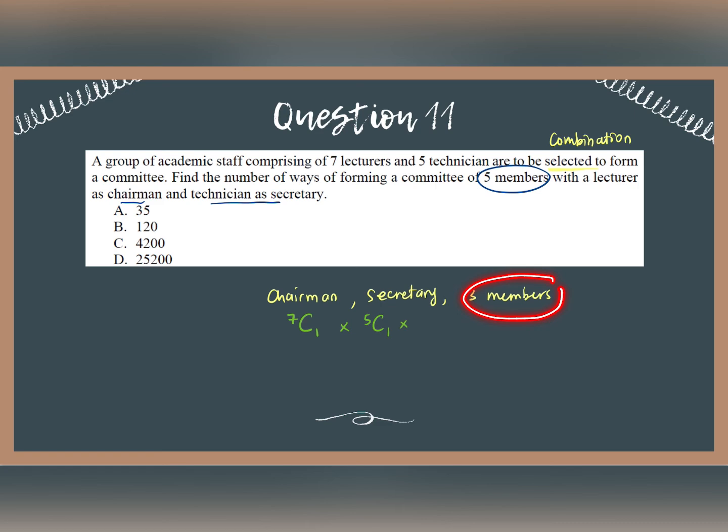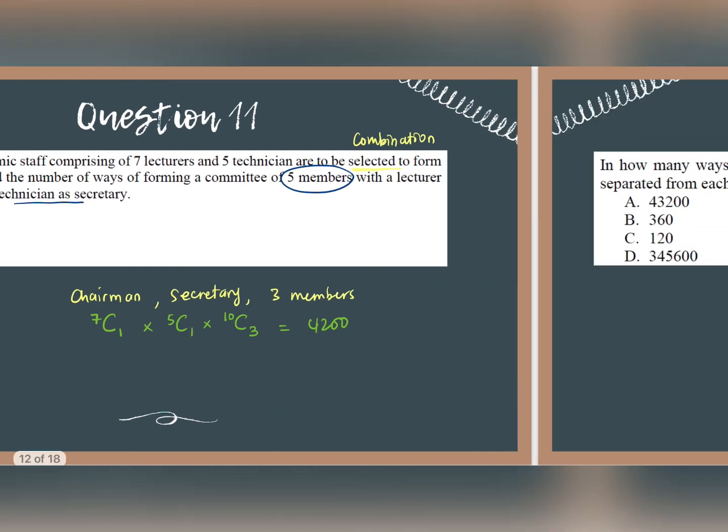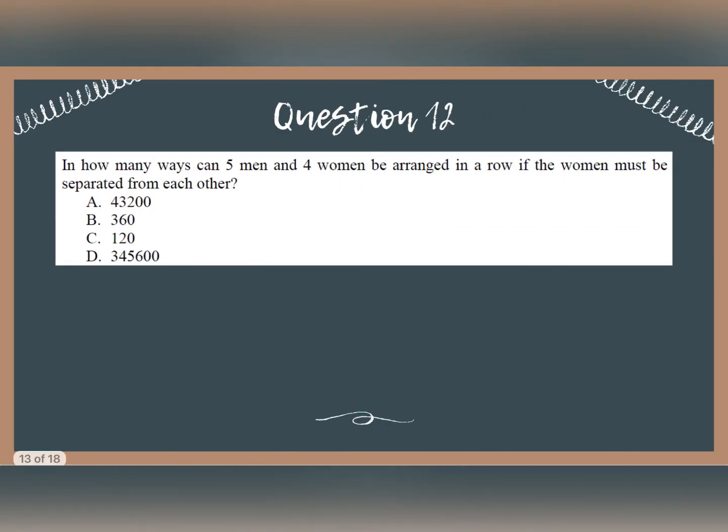So the remaining we have from lecturers and technicians, this will become 6 and this will become 4. So there is a balance of 10. So from 10 members we want to select only 3. Okay, so this will be your working step. 7C1 multiplied by 5C1 multiplied by 10C3. And the answer is 4200. So C.